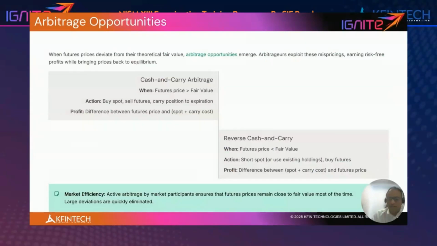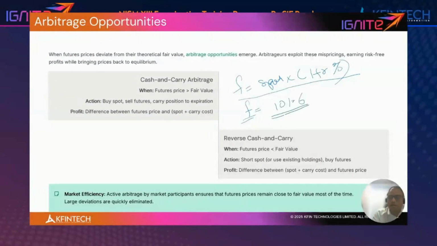Now let's see arbitrage opportunities. In theory, there would be no arbitrage, but in a practical scenario, there would be an arbitrage wherein the futures price might be above or below the fair value. Now from the formula, we know that the fair value should be spot times 1 plus rate. This is the formula that we have seen earlier. Now suppose for one bond futures contract, the fair value is 101.6.